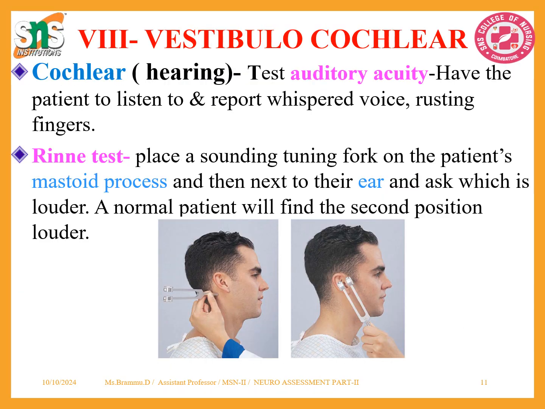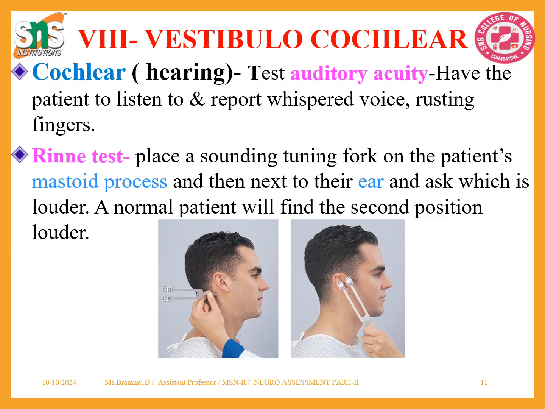The next important cranial nerve we will be assessing is the vestibulocochlear nerve. To assess this, we will be doing the whisper test, the watch tick test, and rustling of fingers, that is rubbing the fingers together behind the ear. In the Rinne test, we stroke the tuning fork against the mastoid process, and then check air conduction and bone conduction and ask which one is louder.